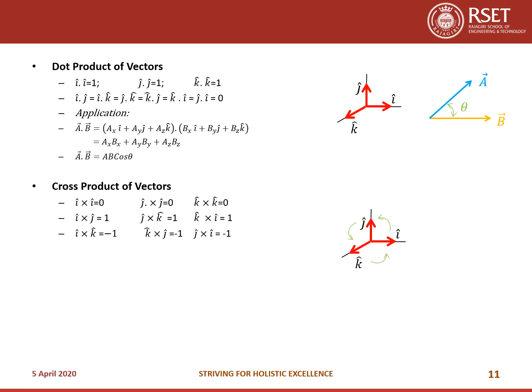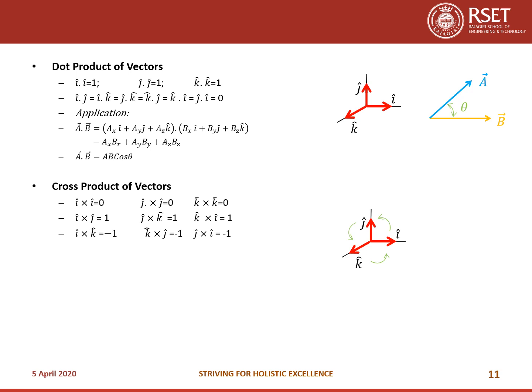Similarly, for the cross product, i cross i is equal to 0. That is, the cross product of two vectors in the same direction is 0, whereas the cross product of two vectors mutually perpendicular to each other will be 1.